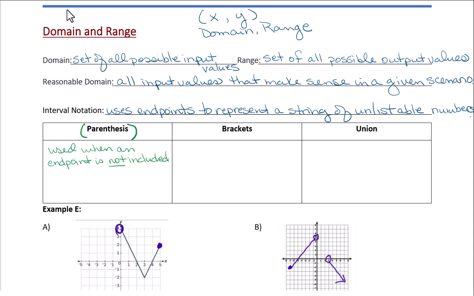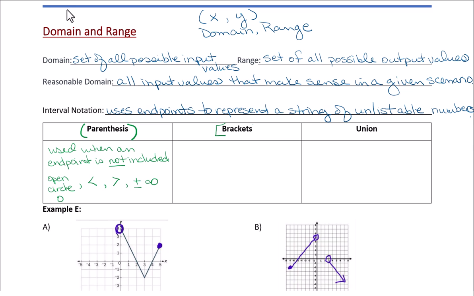When we first learned inequalities, less than, greater than, we often used an open circle to represent when an endpoint was not included. This was used when we had strictly less than or strictly greater than. We also use parentheses when it goes towards positive or negative infinity. That's because the infinities are not actually numbers, so they can't be an endpoint that's included.